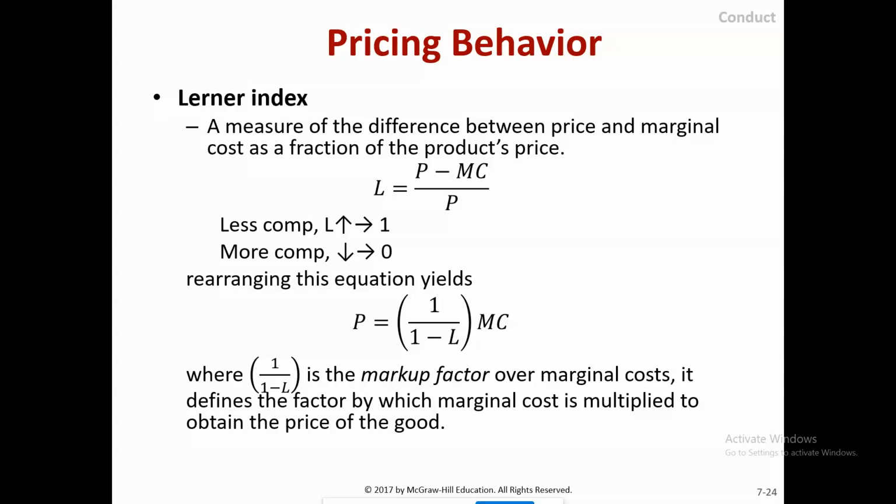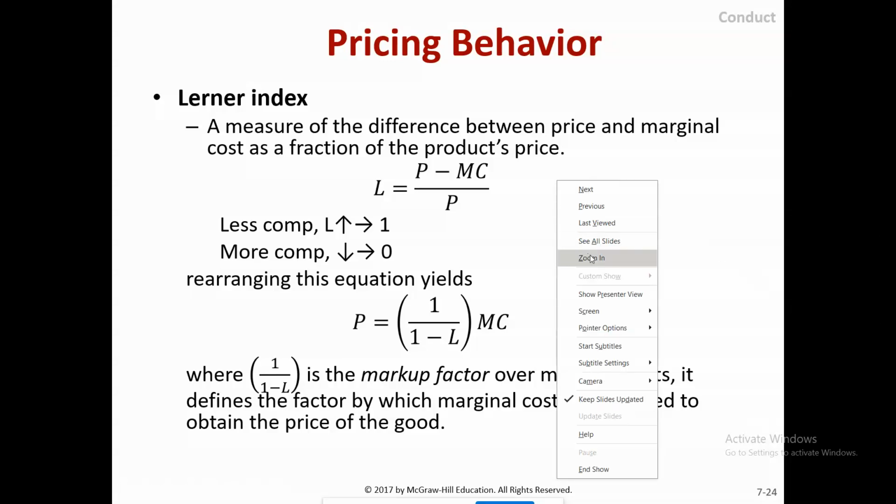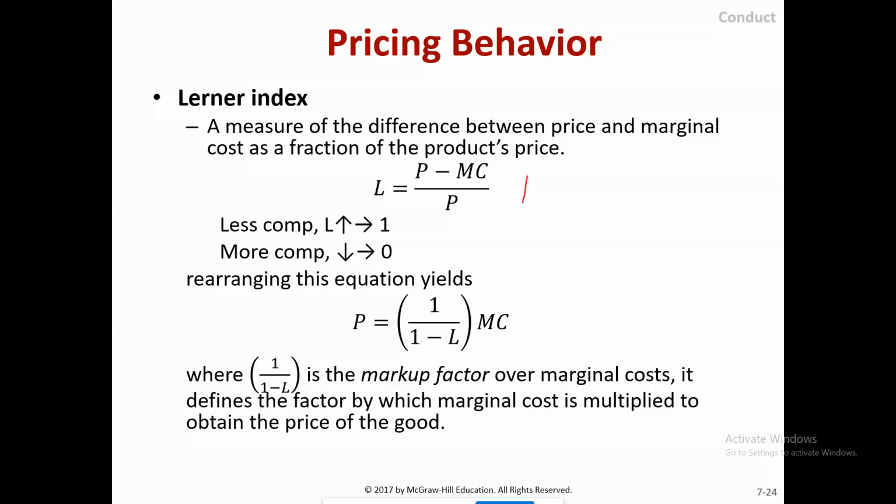Furthermore, if we rearrange the formula, we can rewrite L as (P - MC) over P, which is 1 minus MC over P. Then we move price to the right-hand side by itself and move the L to the left-hand side.